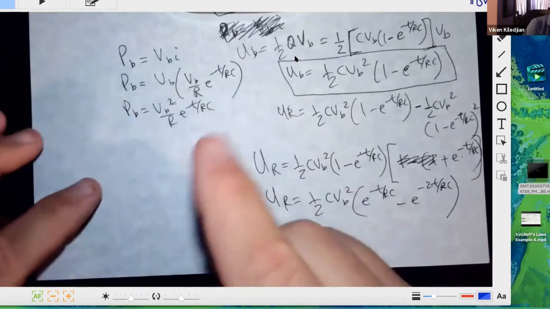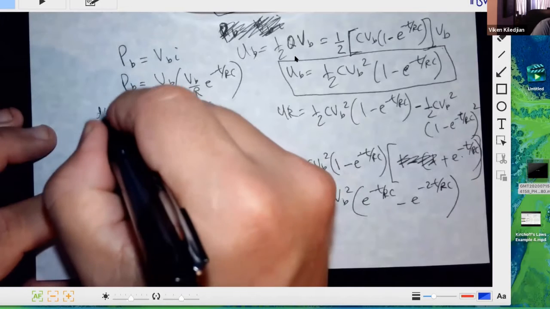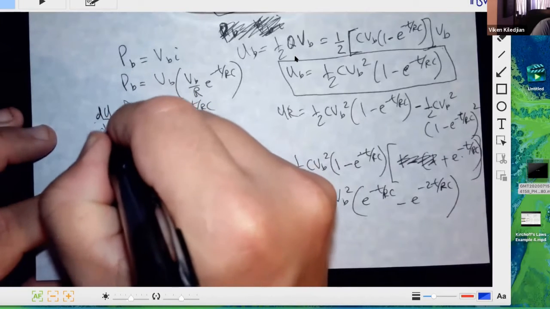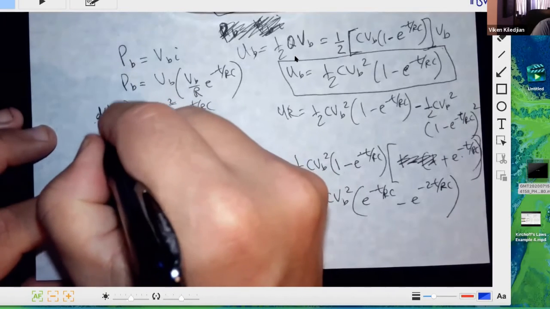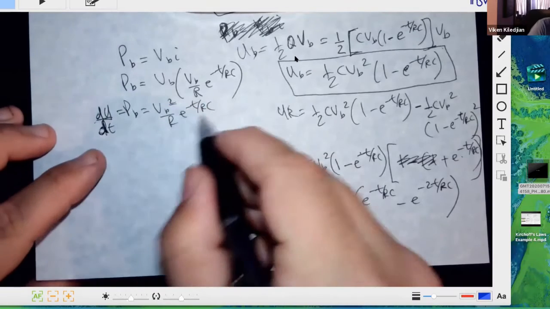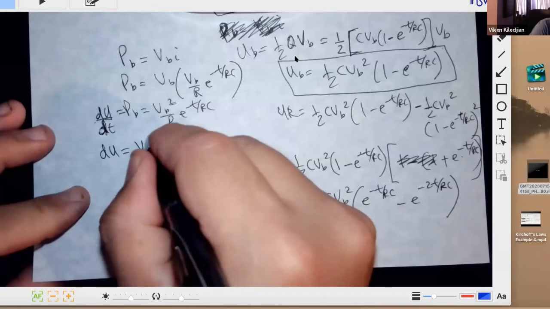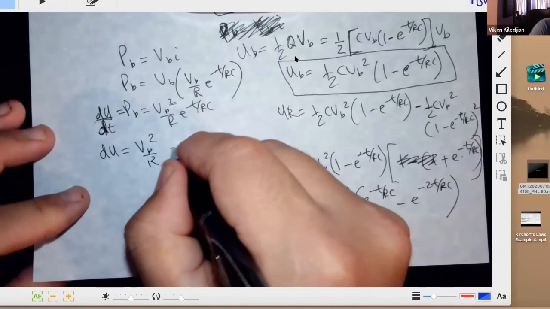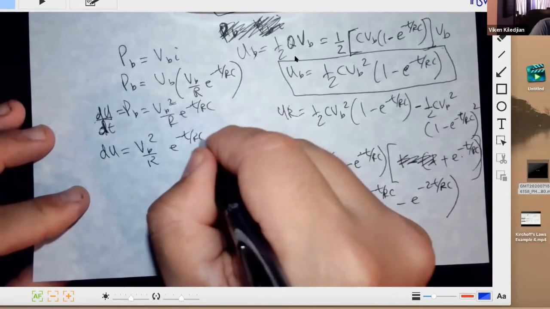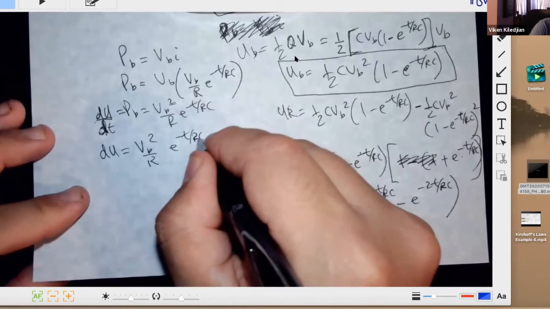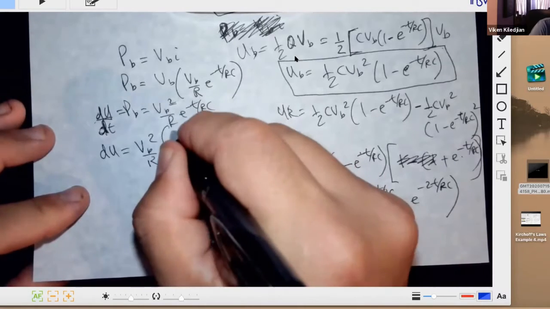Then you say the power of the battery is the rate at which it's supplying energy. Then you integrate this. So dU is equal to VB squared over R e to the minus t over RC dt, integral from 0 to some time.